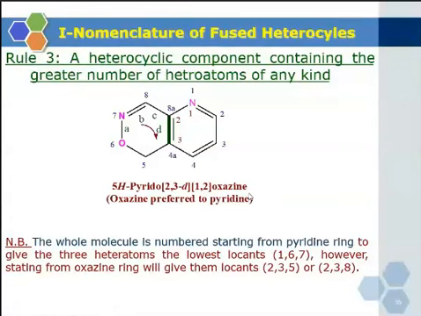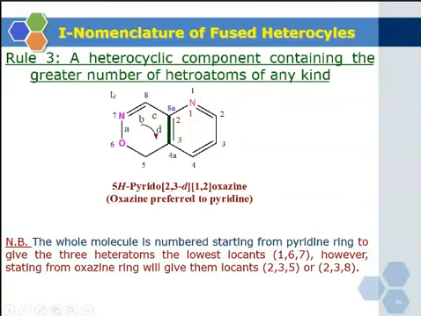Okay, and when we see the numbering of the whole fused ring, we have to remember that numbering should be done in such a way that minimum possible number is given to the heteroatoms. Okay, if we start the numbering from this right hand top corner of the fused ring, then we will move like this and we get positions 1, 6, 7.